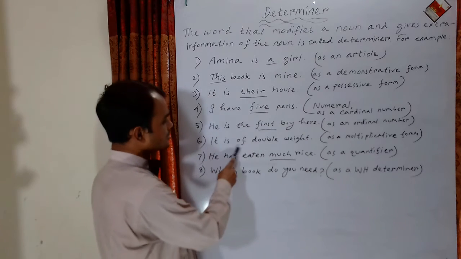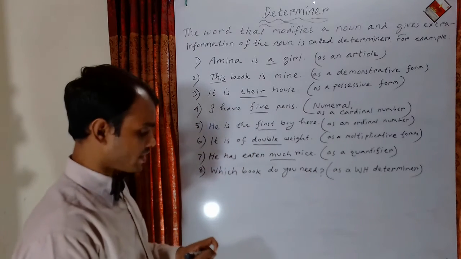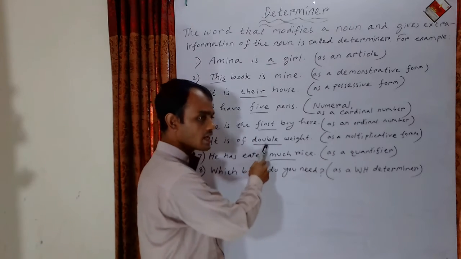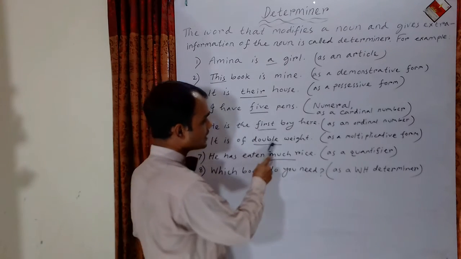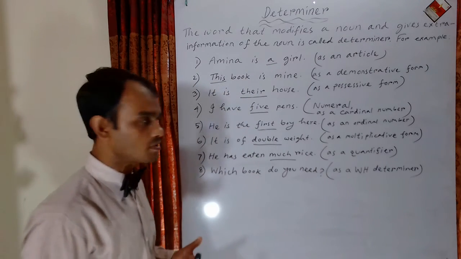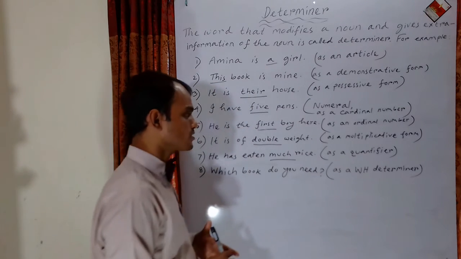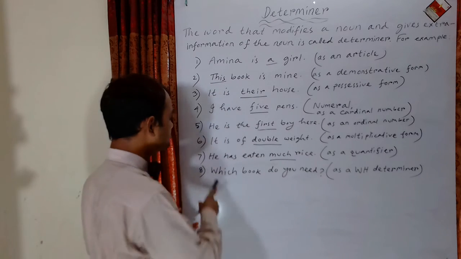The next one, it is of double weight. From this sentence we find a word double, that is another numeral. It is multiplicative. It is modifying the noun weight in giving extra information of the noun weight. So it is also a determiner and it is as a multiplicative form here.